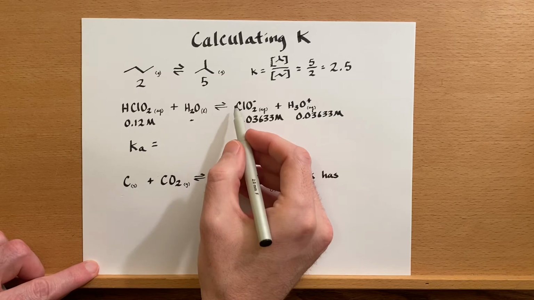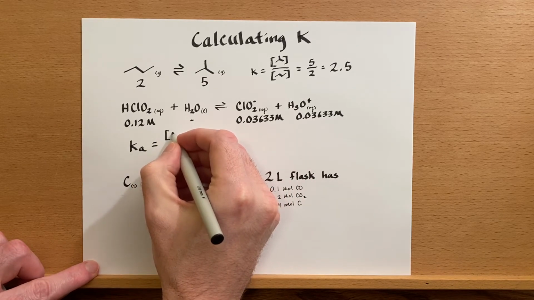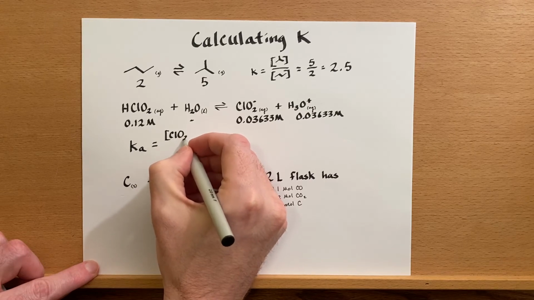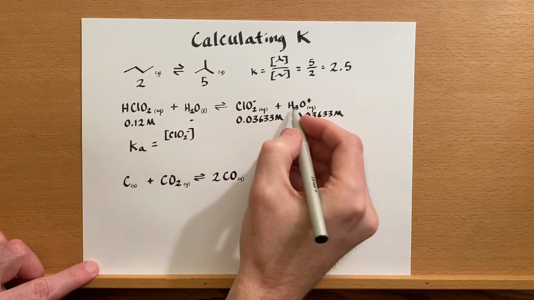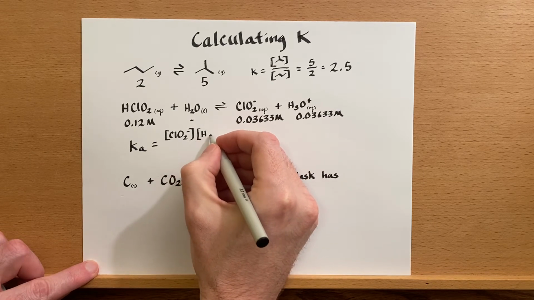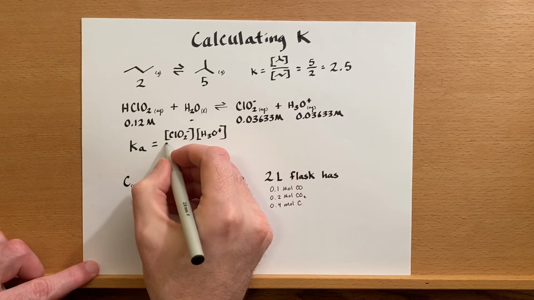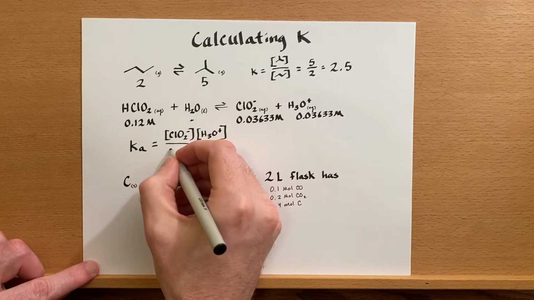So we have here's a product. Another product. And then divided by our reactants.